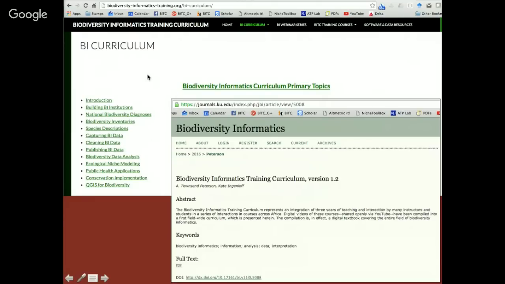You can access the curriculum and that course both by the actual web page, here's the URL up at the top, or on the Biodiversity Informatics Journal page. Kate Ingenloff and I have published a summary of version 1.2 of the training curriculum, so you can access it as a scientific paper as well.